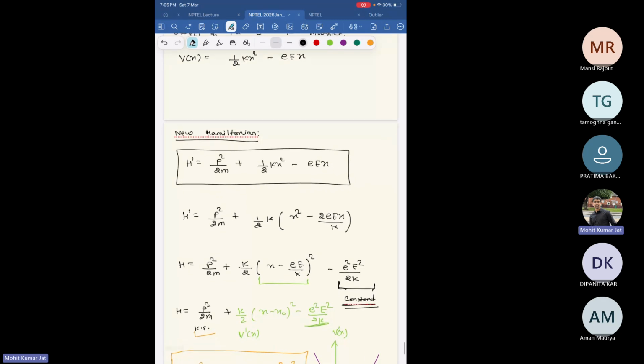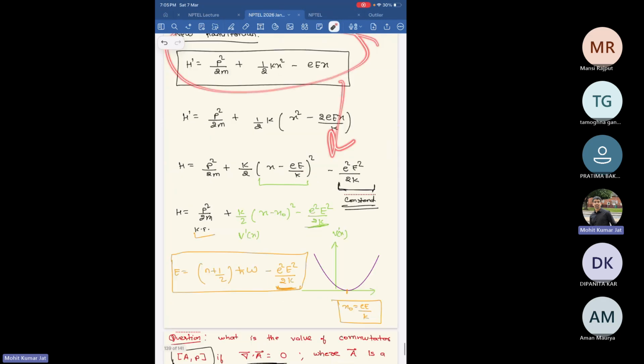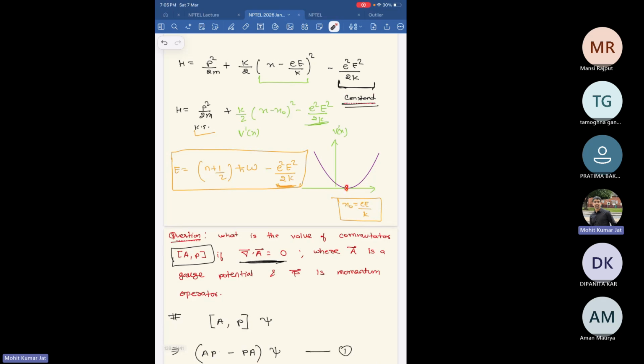We solve this Hamiltonian further to understand how the center is shifted, and the energies are shifted by a DC offset of e square E square by 2k, where small e is the electronic charge and capital E is the electric field. K is the prefactor of this half k x square.